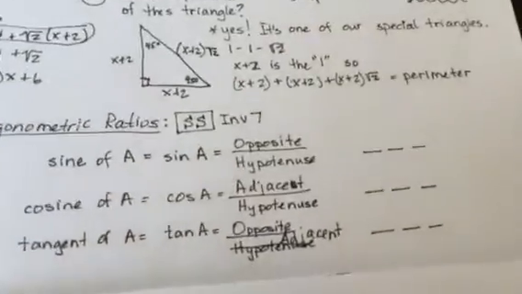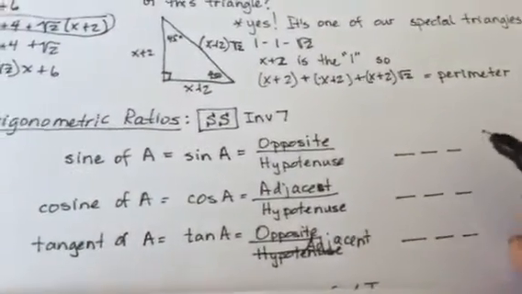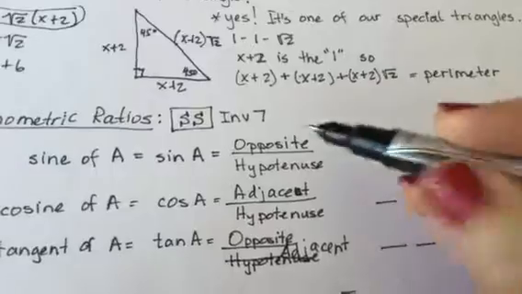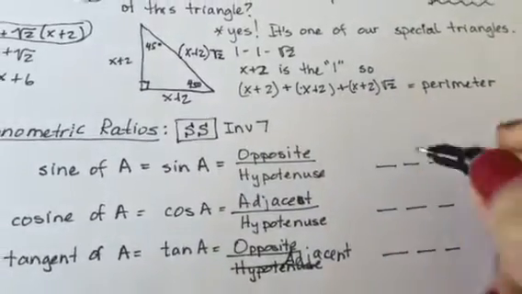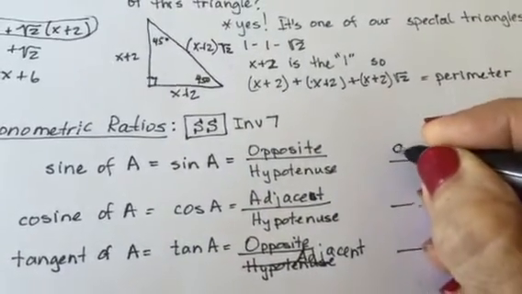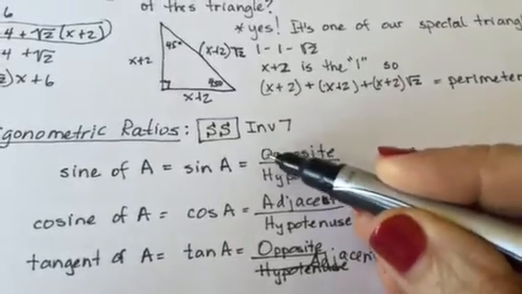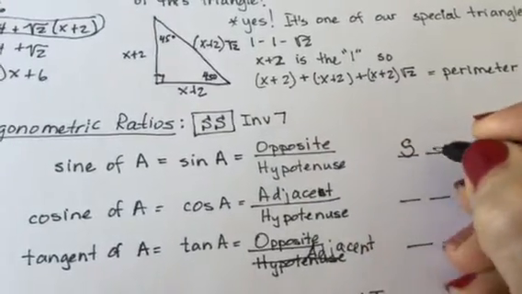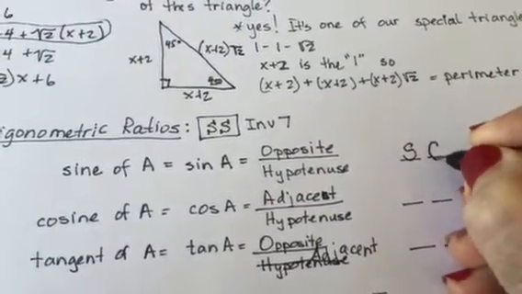And the reason for this review is to show you another little way to memorize it. If we take the S from sine and the O over H, we know it's a ratio.